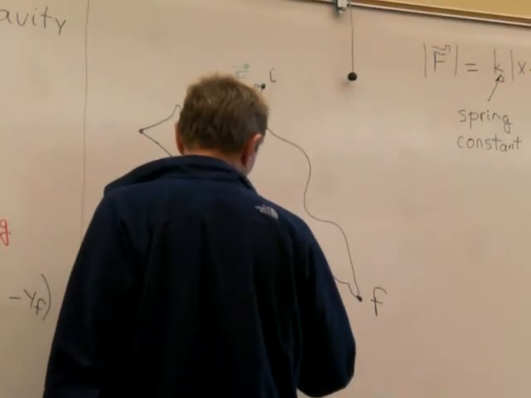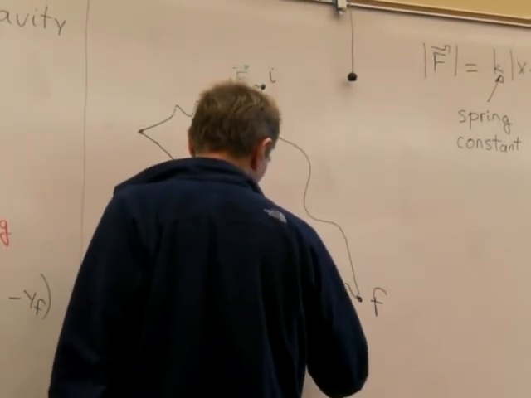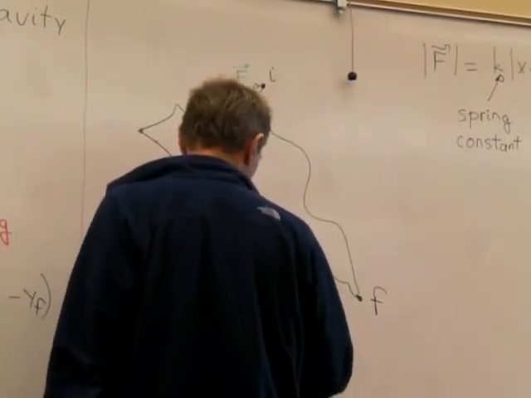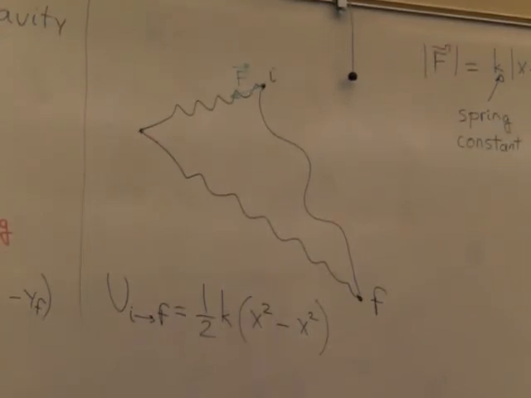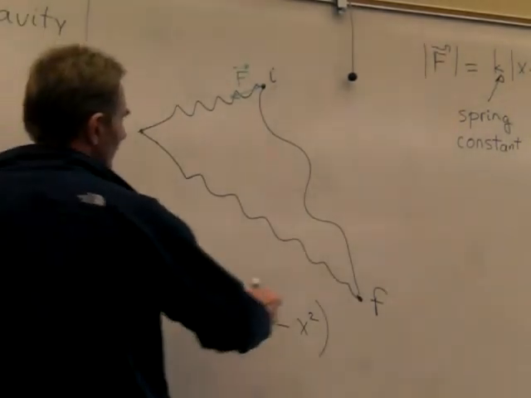So it's going to be a difference between x squares. Is it x final or x initial? If f is bigger than i, you want the work to be negative.